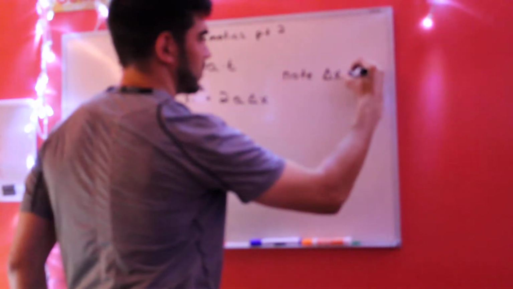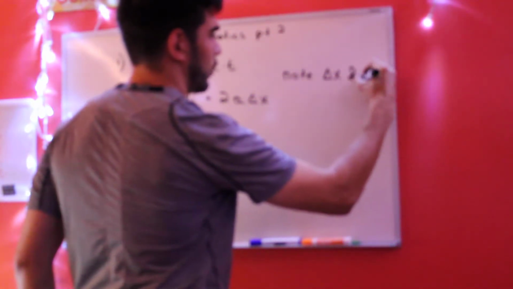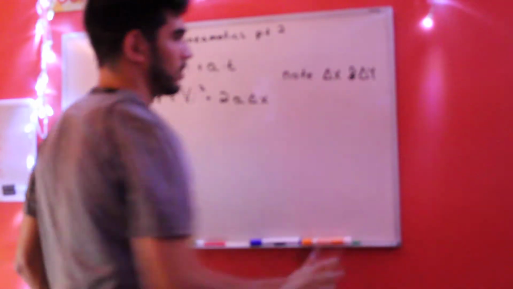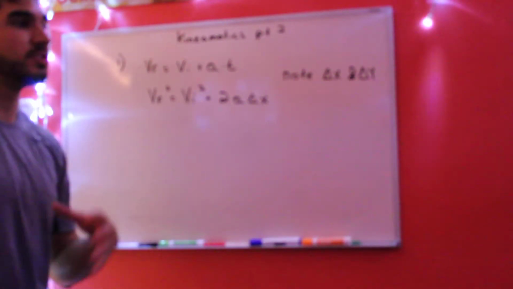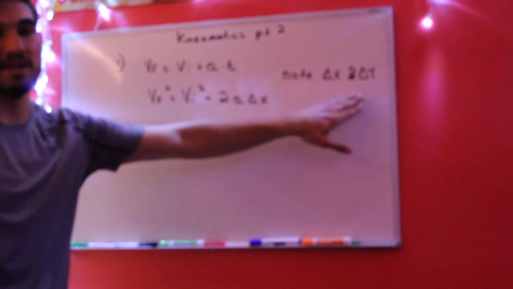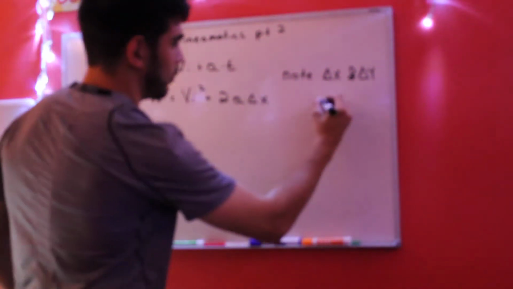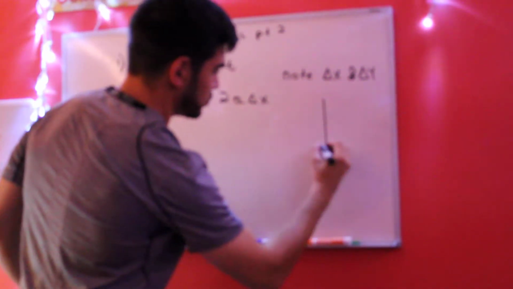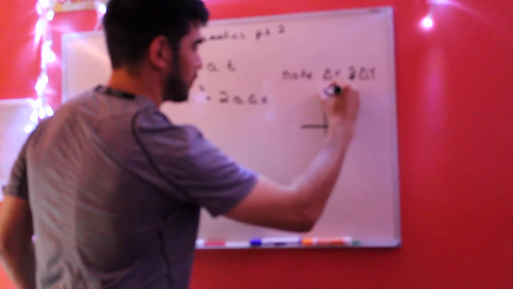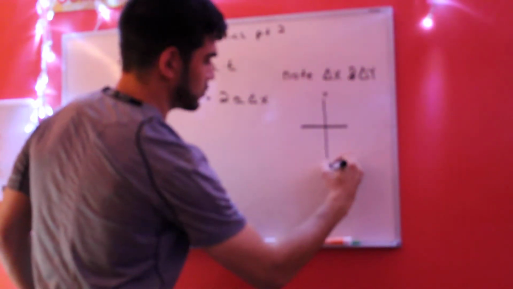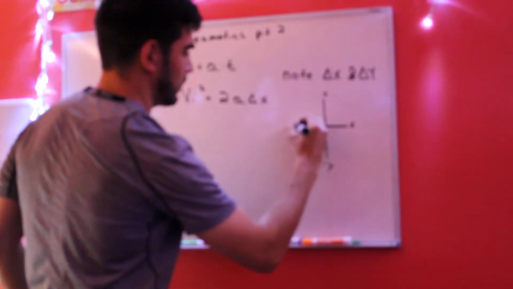Delta x and delta y, those are measuring the same thing. The only reason why I make the x and y distinction, again, is going back to our coordinate plane. You have y minus y, x minus x.